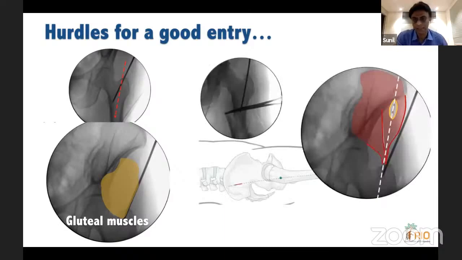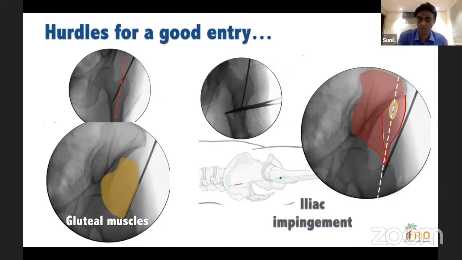So this iliac impingement and the influence of the gluteal musculature is real, and you have to overcome this. One way is to start as high as possible, so that the skin entry is as high as possible, so that you get your entry point absolutely in line with your femoral shaft.